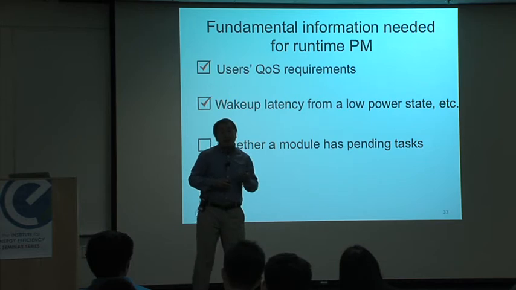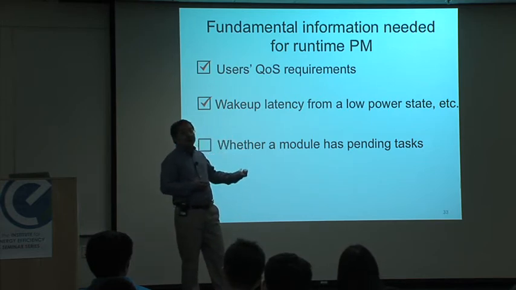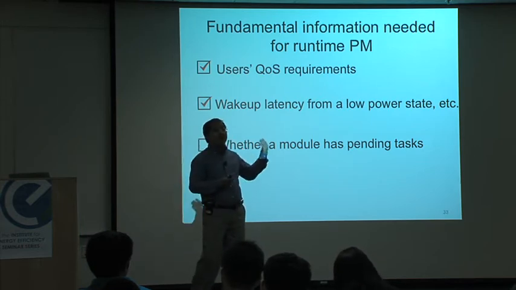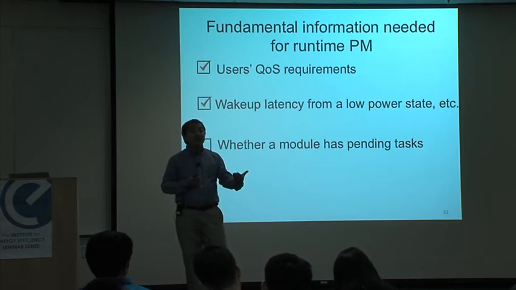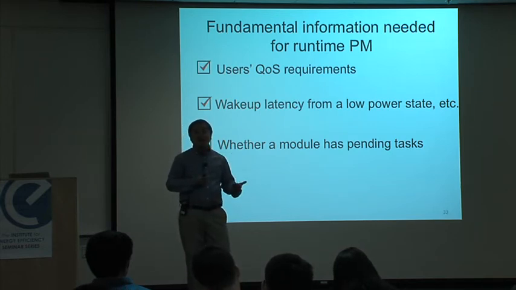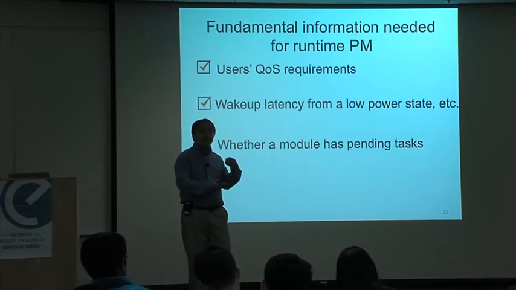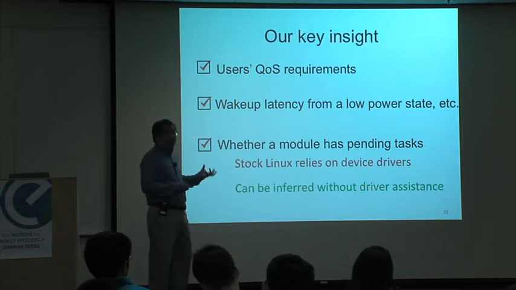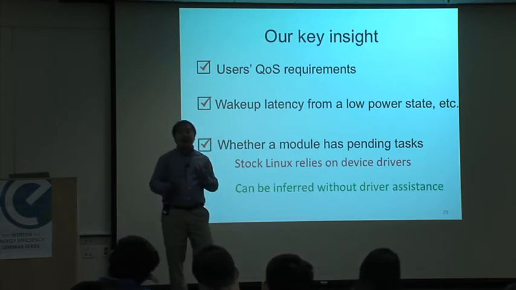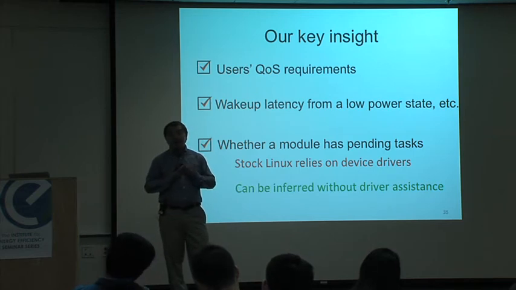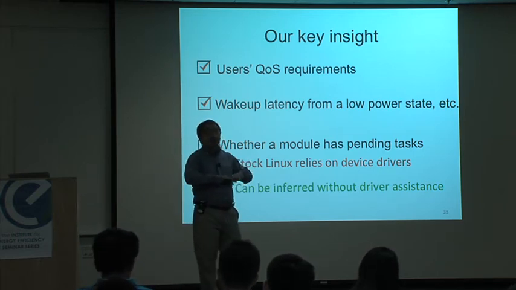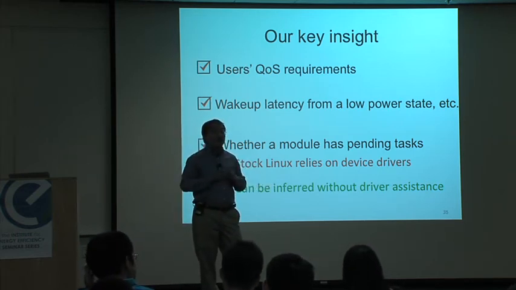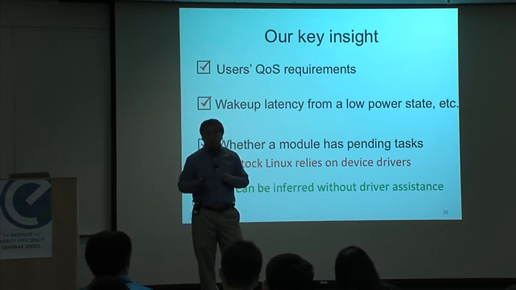Right now in Linux it is driver maintained, because everybody who would like to use the module has to go through the driver. Therefore, the driver essentially knows who is actually using it, who is issuing tasks, how many tasks are pending there. So our key insight is, hey, this can also be inferred without any help from the driver. If we can do this, then we don't need the driver involved in the runtime power management decision. Okay.